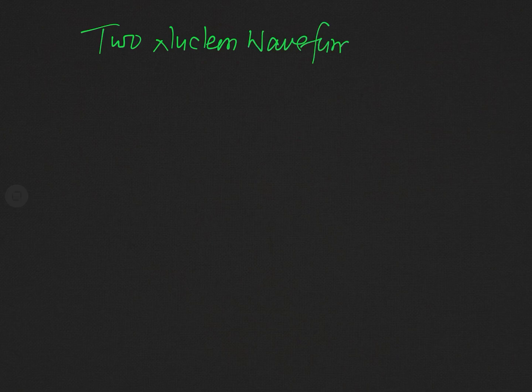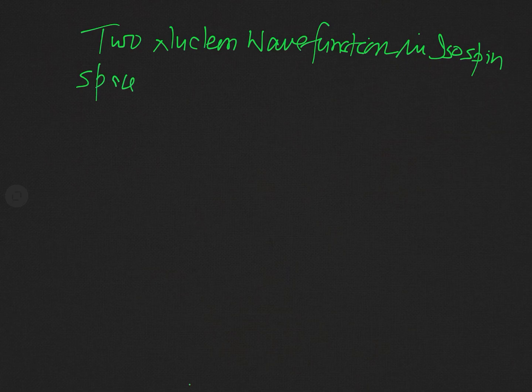If we want to define the total isospin of two nucleons, let us say nucleon number 1 and nucleon number 2, then how will it be defined?